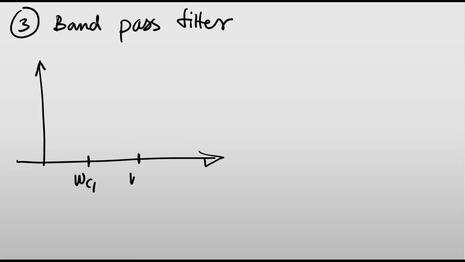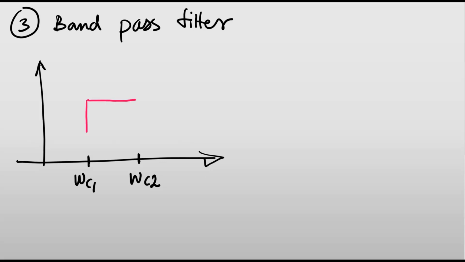A band pass filter can only pass signals which have frequencies between two cutoff frequencies of the filter. So a band pass filter has two cutoff frequencies, which I'm going to show as omega c1 and omega c2. A band pass filter can pass the signal if the input frequency is between omega c1 and omega c2.